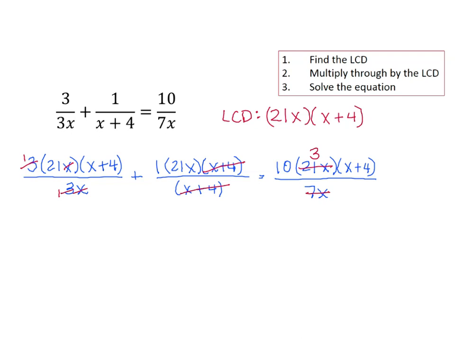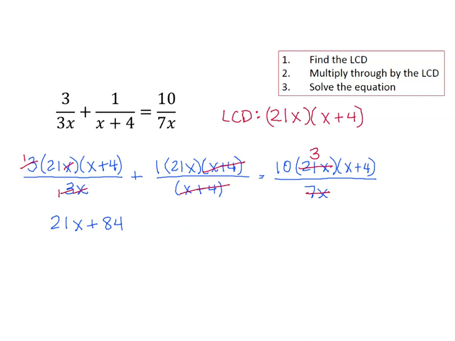So now I'm going to write what I've got left. So in this first fraction, I have a 21 times x plus 4. Everything else is just 1s, right, because I canceled everything else out. So 21 times x plus 4, I have to distribute. 21 times x and 21 times 4. So for that, I'll get 21x plus 84.